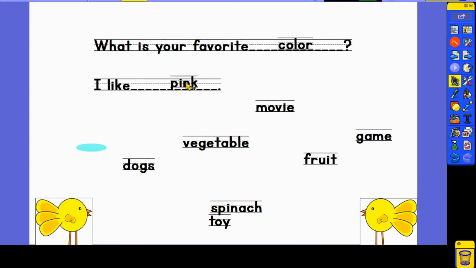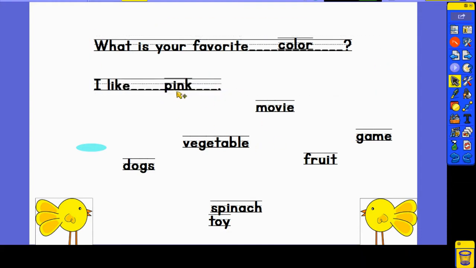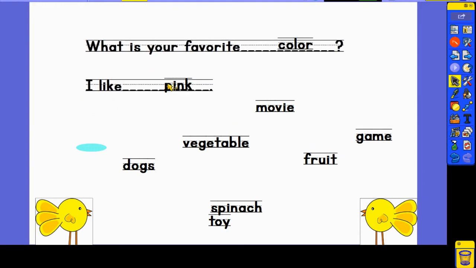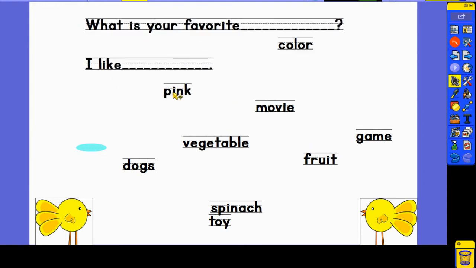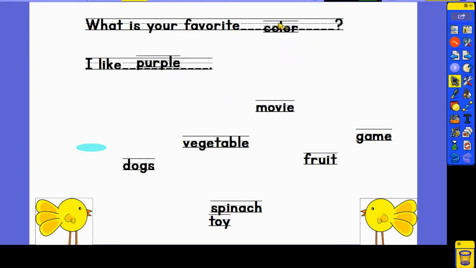I like purple. Miss Landrum does like purple. All right, let's see if I can type purple in there. And then we'll read our sentence. All right, so there's purple. P-U-R-P-L-E.